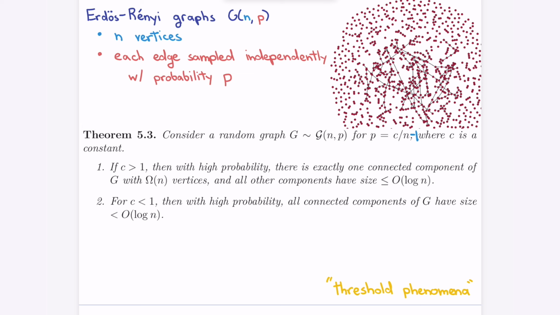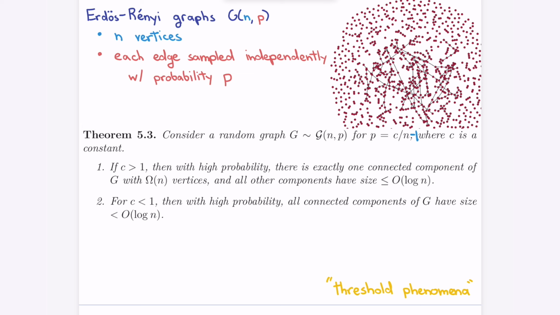And what we're interested in is what's the difference between c big and c small, and if there's anything going on. All right, so what they found is this. If c is any constant bigger than 1, say c is 1.000001, then as n tends large, you're going to get exactly one connected component with order n vertices, say half the vertices or something in it.